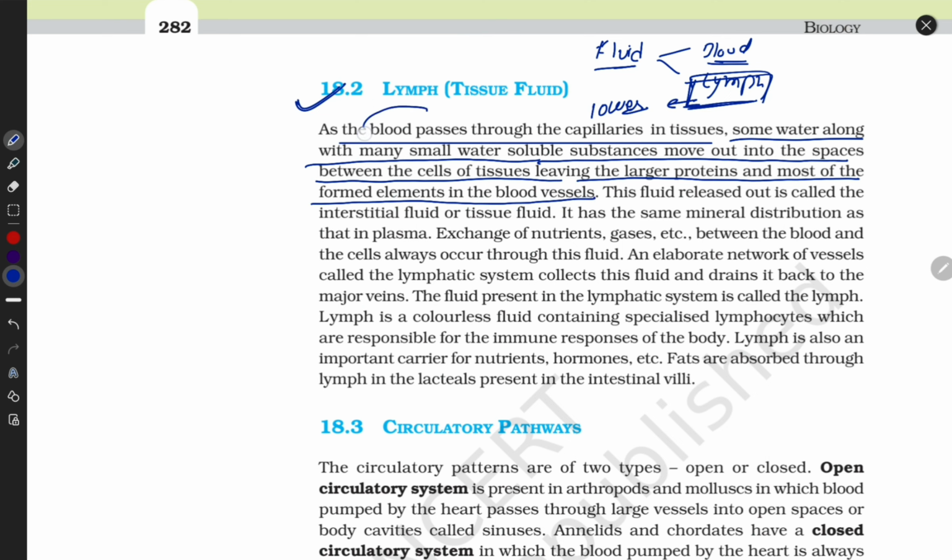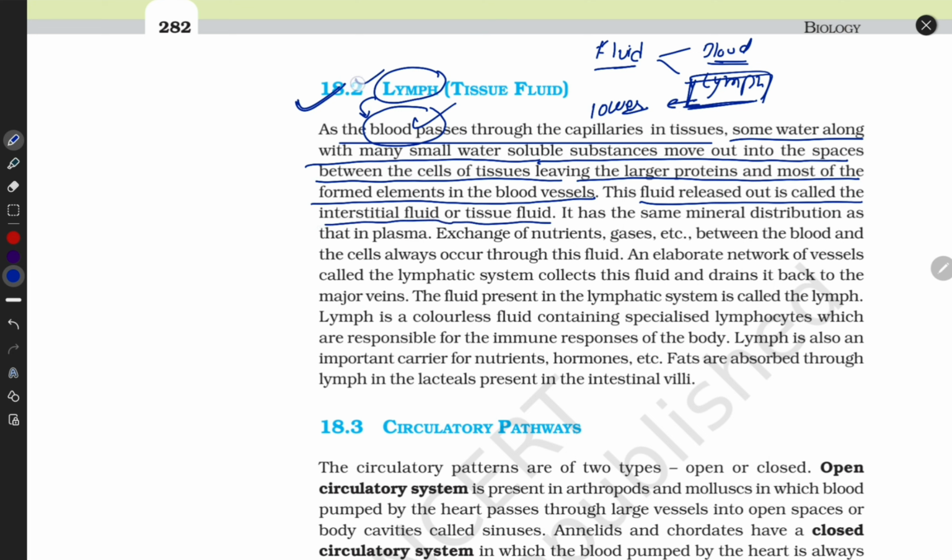Blood passes through capillaries and transports oxygen and important substances. Like blood, lymph has the same function. It is made up of water and transports oxygen and other important nutrients also in lower invertebrates. Alright, this fluid released out is called the interstitial fluid or tissue fluid.